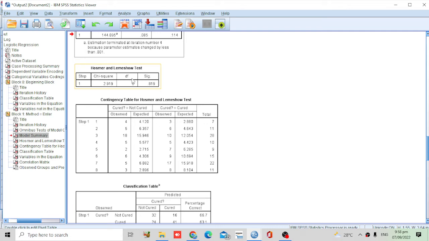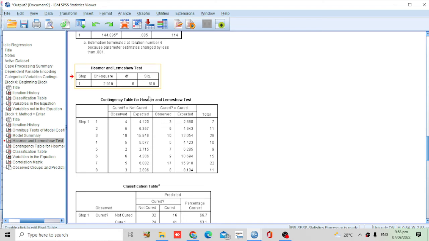And then, as for the Hosmer and Lemeshow test, as you can see, hindi din siya significant at 0.05. This means that the observed and the fitted model are very close to one another.